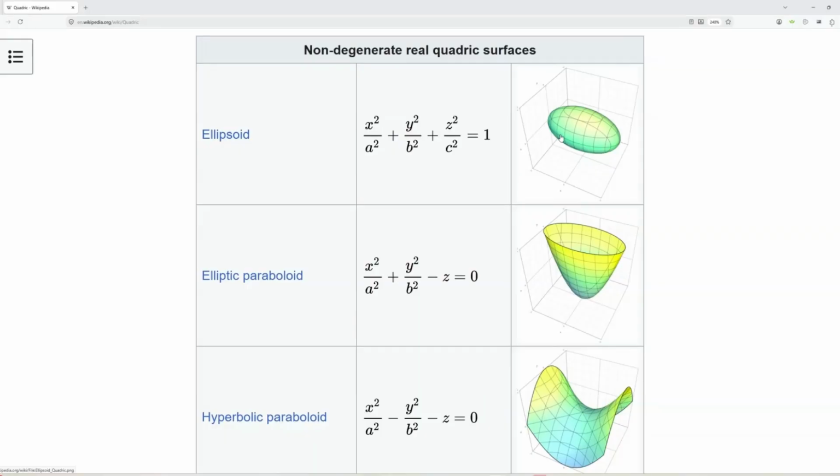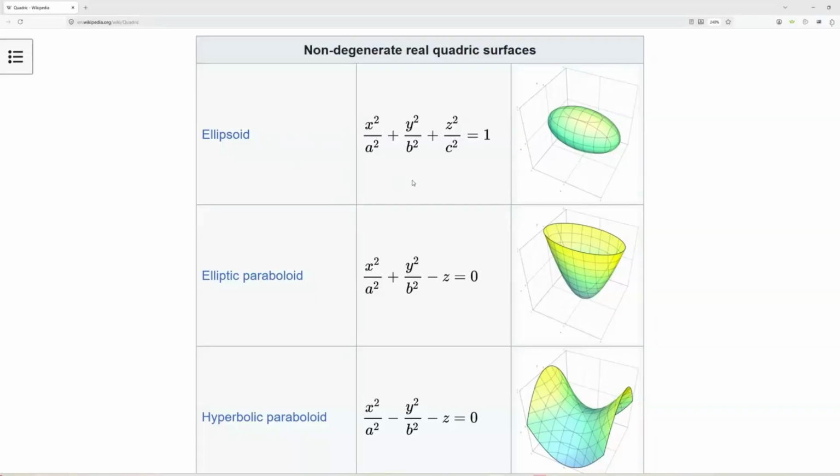And so if we take a slice through a surface with a plane that is parallel to any one of those three planes, then we have what's called a trace, and that trace is going to be a conic, a curve in a plane.